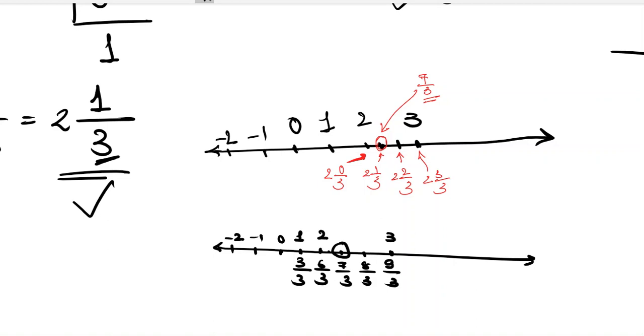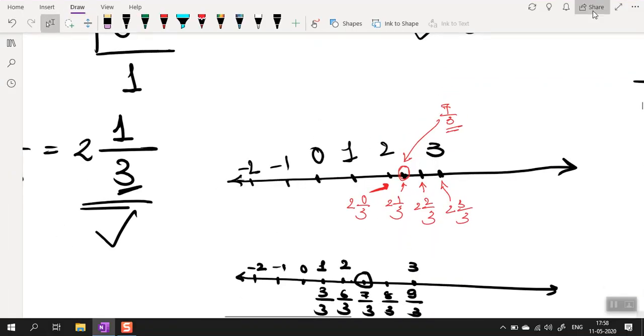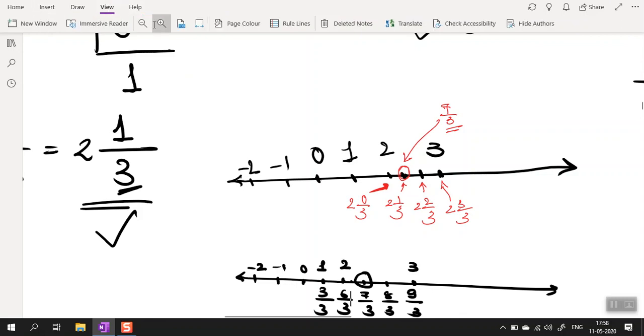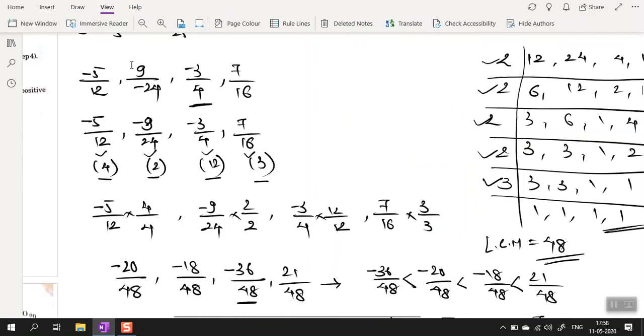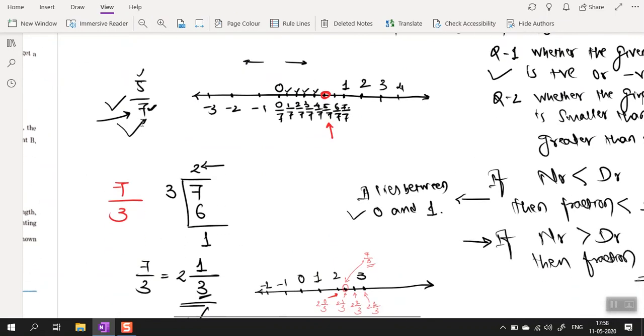Okay, so let's zoom out again of this mode, and we can check out one more example if possible. A negative number maybe. Okay.